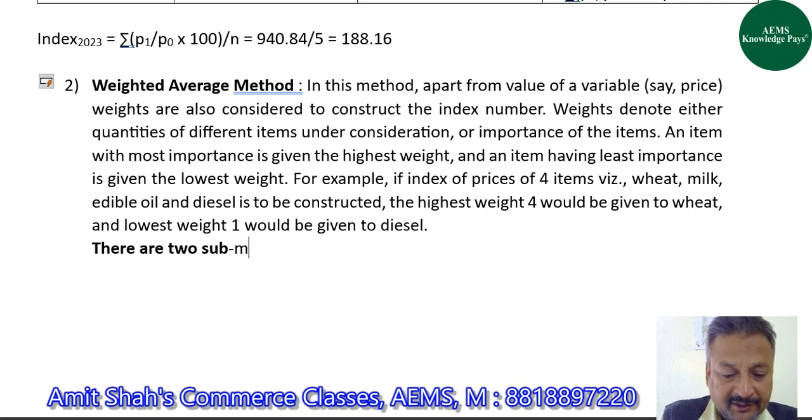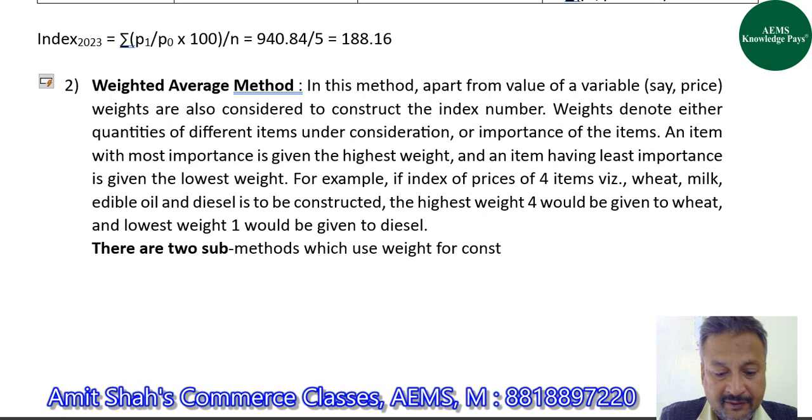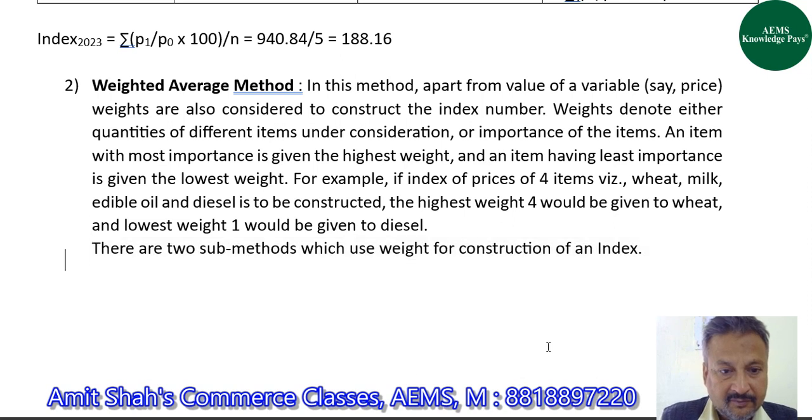There are two sub methods which use weight for construction of an index. The first one is weighted average of price relatives.